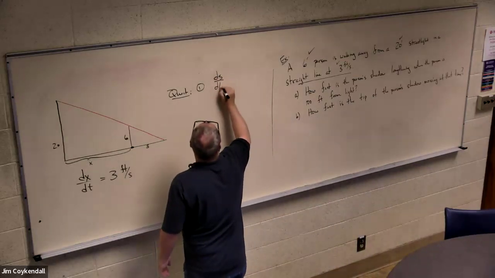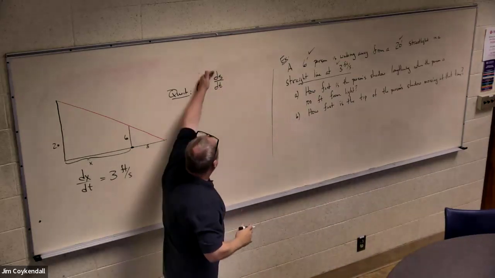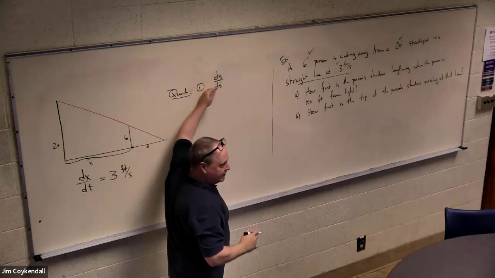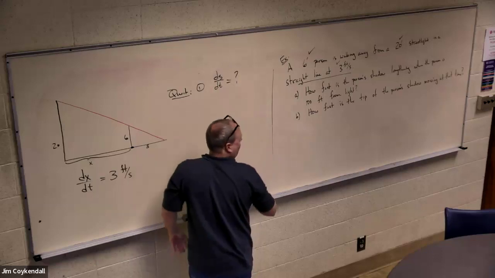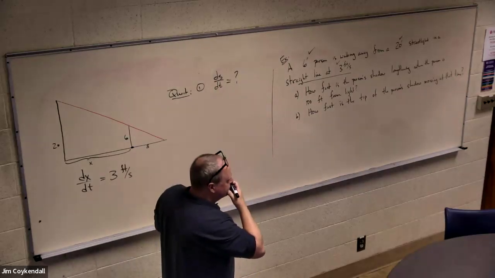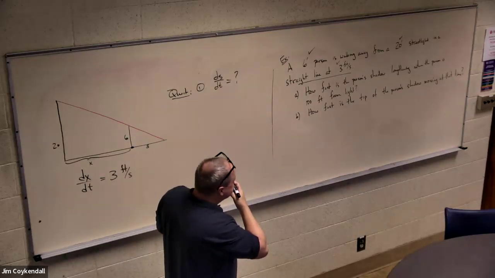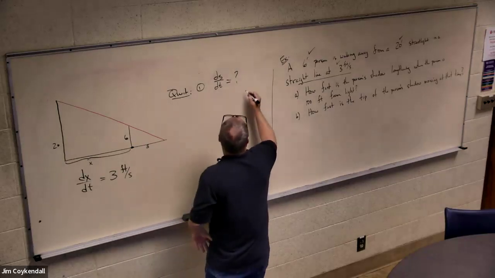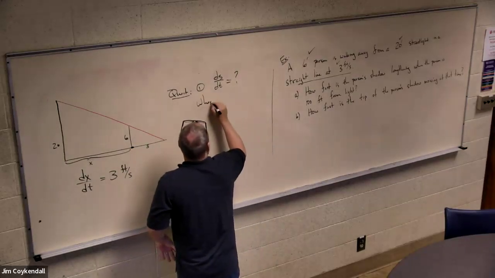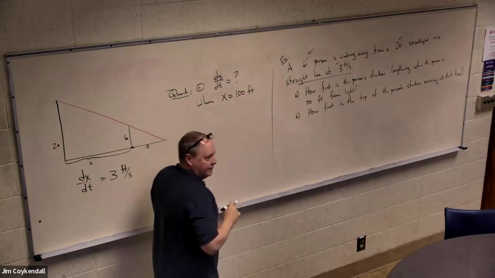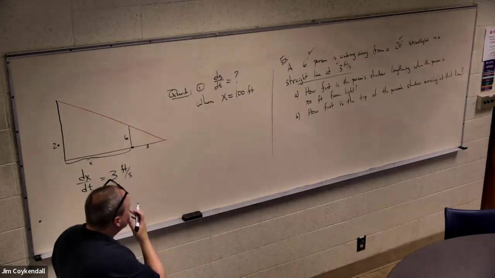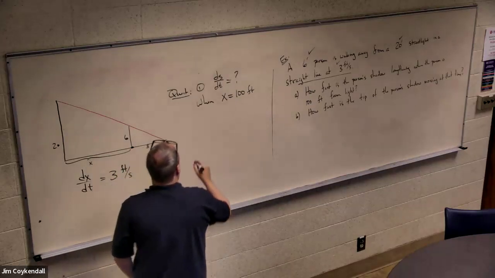My shadow lengthening, that's the change in my shadow with respect to time, right, that's dS/dt. I want to know this when I'm 100 feet from the light. So that's when X is 100. Agree? How about the second?